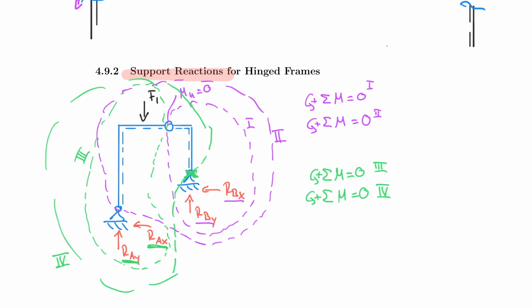So the easiest way is always to think of these support reactions as two equations with two unknowns. And I need to find, of course, the two equations that use the same two unknowns. So in this case, it would be either the purple or the green component. And that concludes the support reactions for hinged frames.